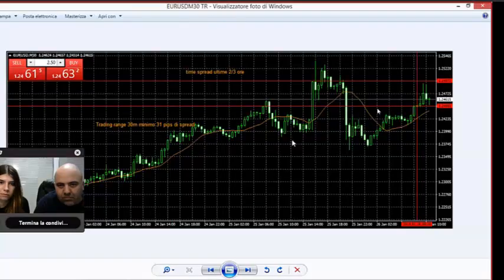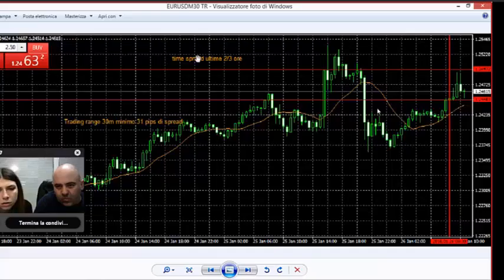This is the first trading range, 30 minute minimum available spread, 2 or 3 hours. What I mean, I consider the last four, maximum 6 bars to control the trading range.